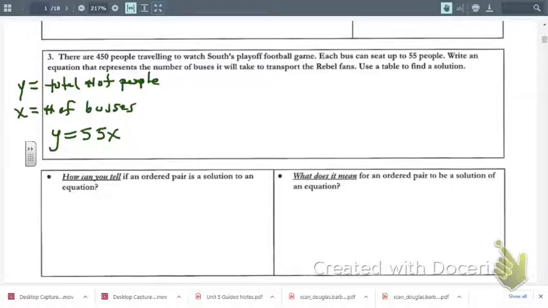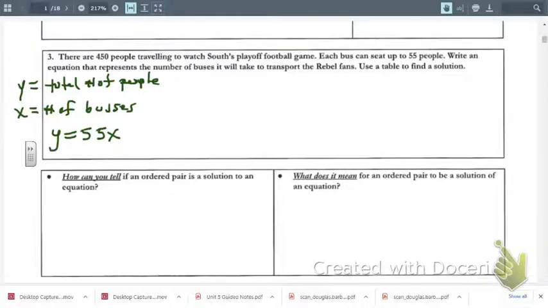Okay, so now though it says write an equation. Okay, we did that. Write an equation that represents the number of buses it will take to transport the Rebel fans. So we would just substitute in 450 for y. So we know there's 450 people going.